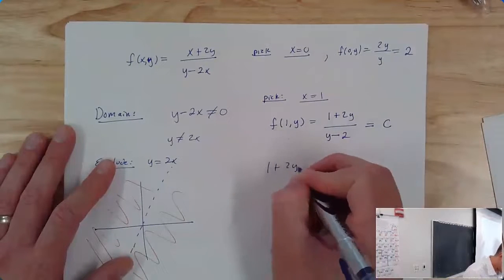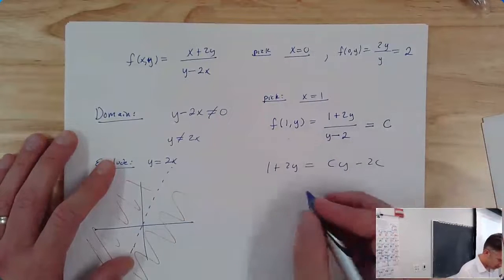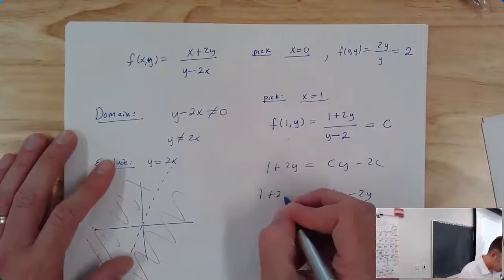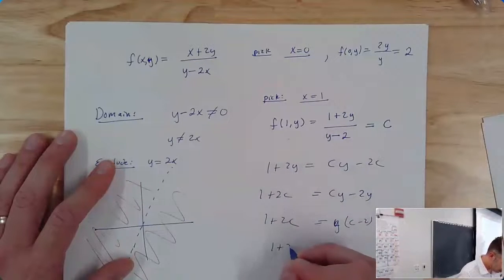So 1 plus 2y equals cy minus 2c, right? Multiply that over. Bringing the y's to the right, cy minus 2y equals 1 plus 2c. So y times (c minus 2) equals 1 plus 2c. So y equals (1 plus 2c) over (c minus 2).